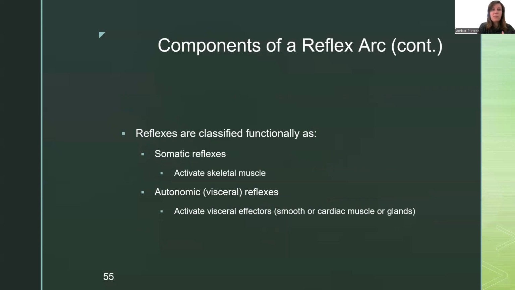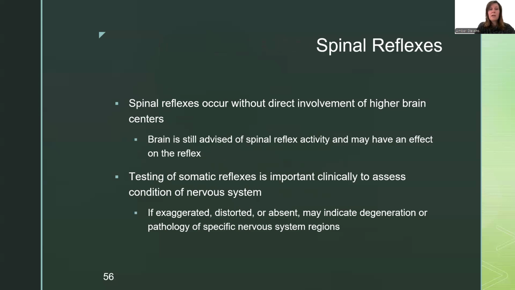So components of the reflex arc can be classified as somatic reflexes, which activate your skeletal muscles, or autonomic or visceral reflexes, which activate visceral effectors like smooth or cardiac muscles or glands, so internally. With your spinal reflexes, it occurs without direct involvement of your higher brain centers, right?